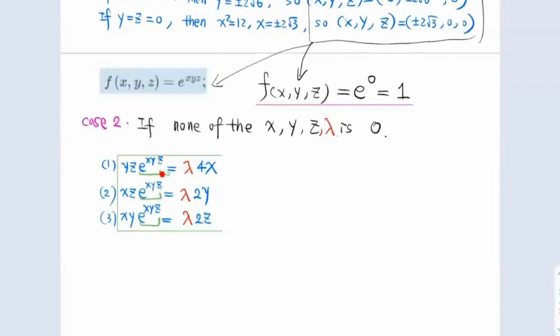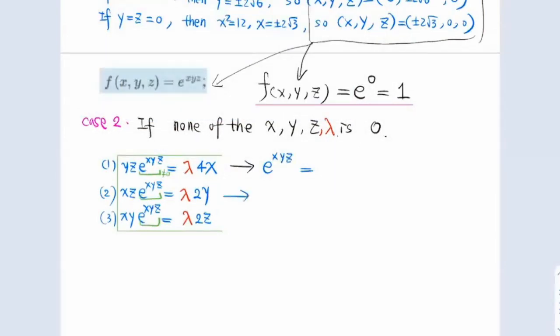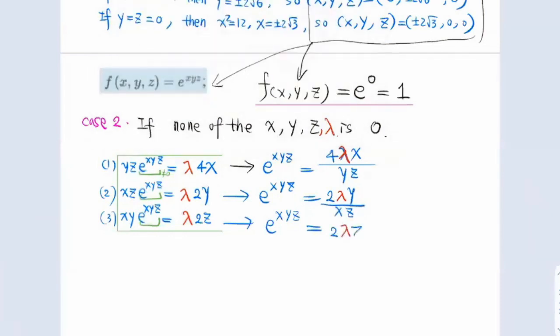Do you observe there's a pattern in all these equations? They all have e to the xyz. How about we try to express e to the xyz and set them equal? So this is going to be equal to 4 lambda x divided by yz, and this one is 2 lambda y divided by xz, and this one is 2 lambda z divided by xy.